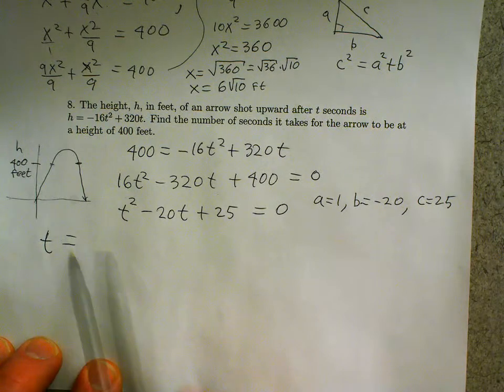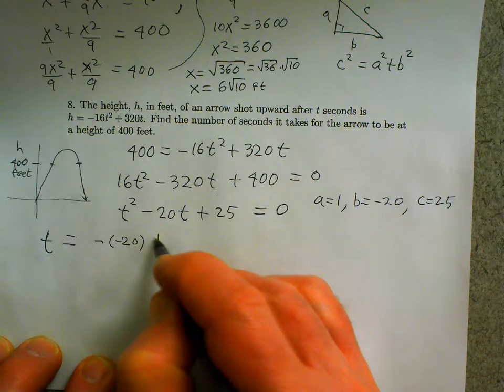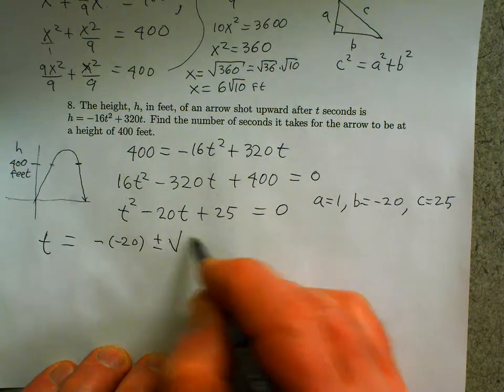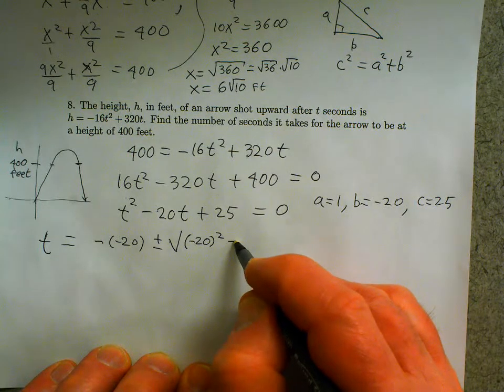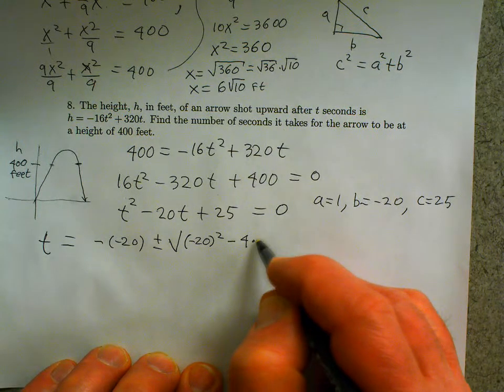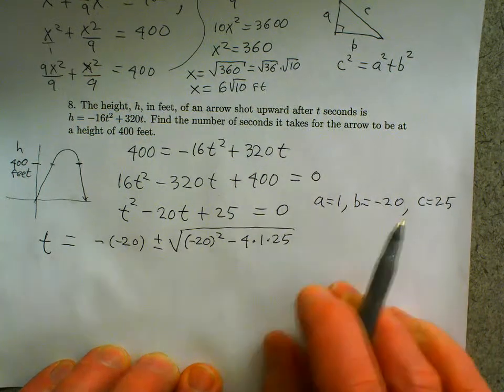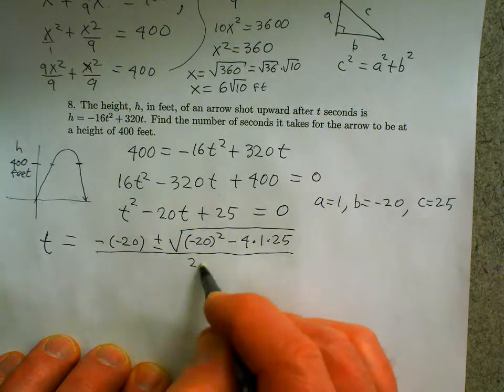So t equals the negative of negative 20 plus and minus the square root of the number negative 20 squared minus 4 times 1 times 25, all divided by 2 times 1.